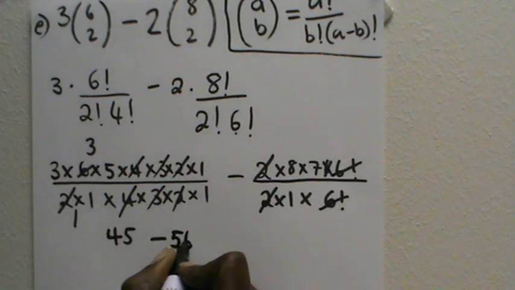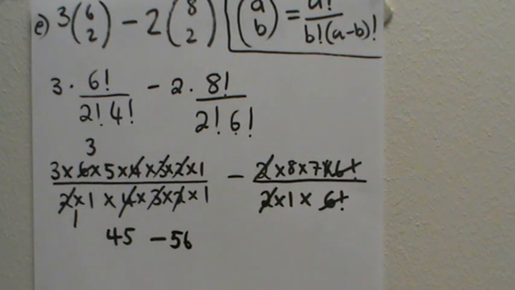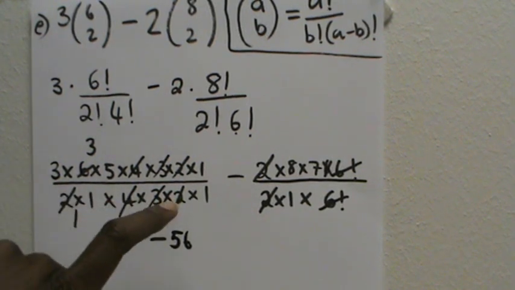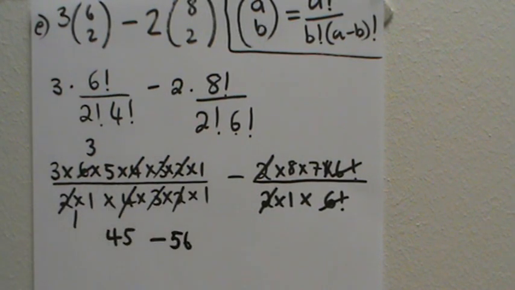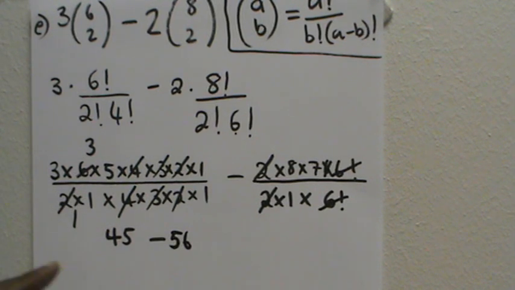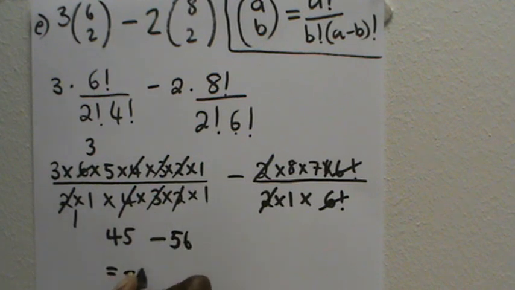Okay, so I didn't say anything about the denominator, because in the denominator I have 1 times 1 times 1 times 1 times 1 times 1. No matter how many ones I multiply together, my answer will be 1. And if I have 45 over 1, that is just the same as 45. So 45 minus 56, this should be equal to minus 11.